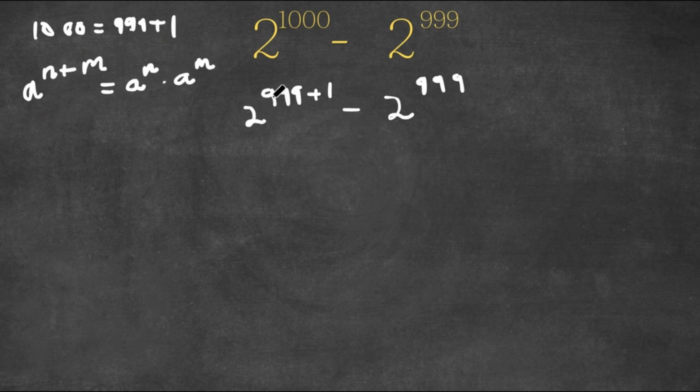So in this case, we have 2 to the power of 999 plus 1, and think of 2 as a, 999 as n, and 1 as m. So this would be 2 to the power of 999 times 2 to the power of 1 minus 2 to the power of 999.